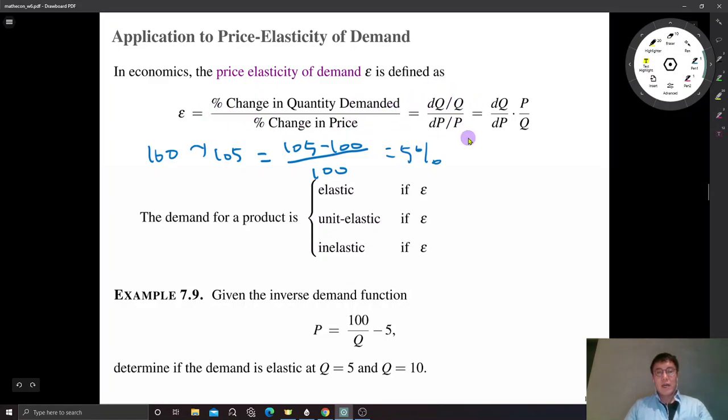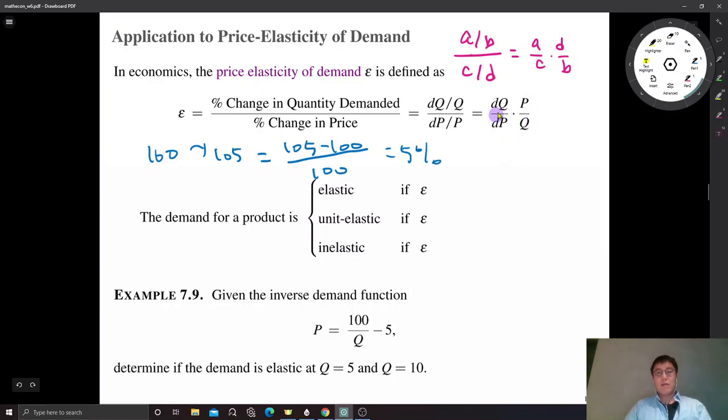If we manipulate this quantity, because A over B divided by C over D is A over C times D over B, we can rewrite this as dq over dp times p over q.